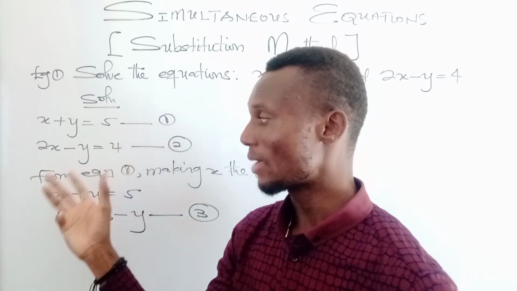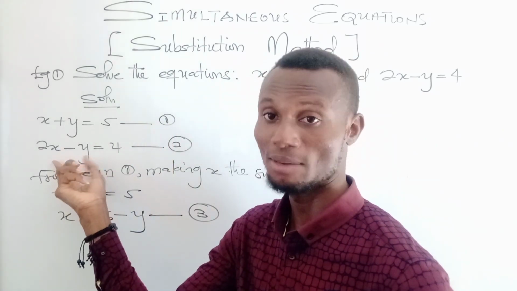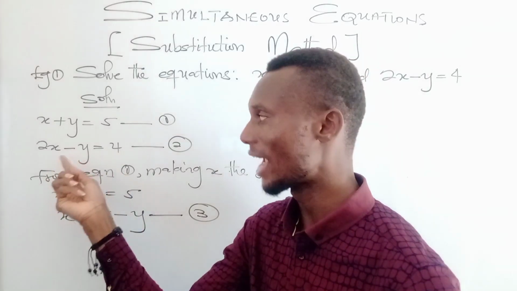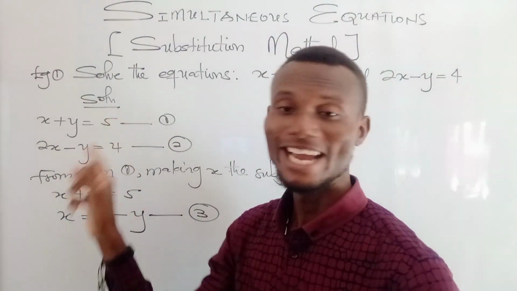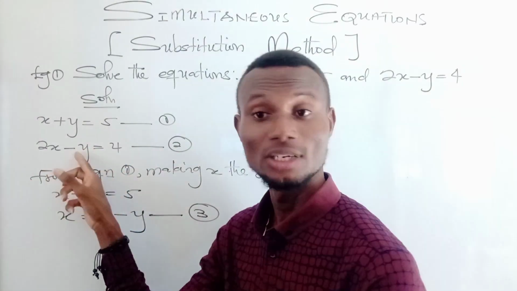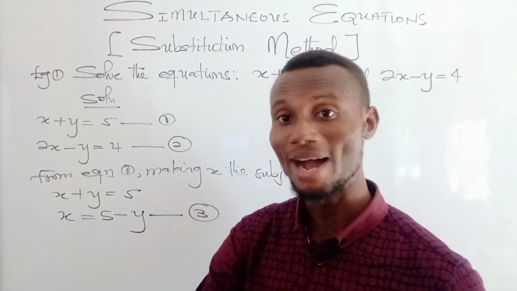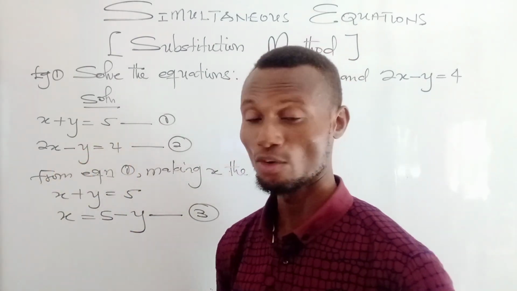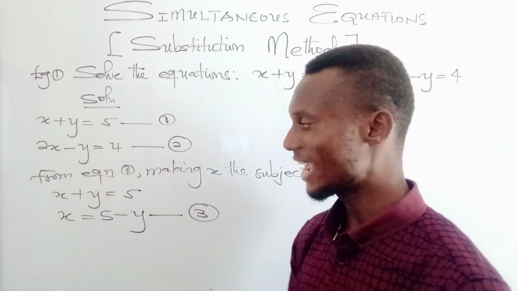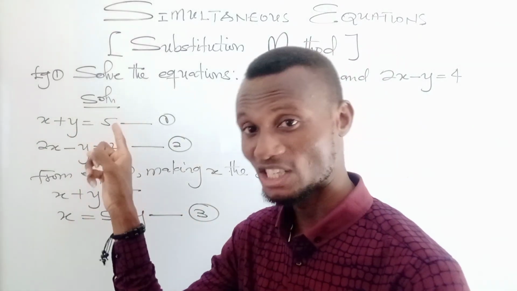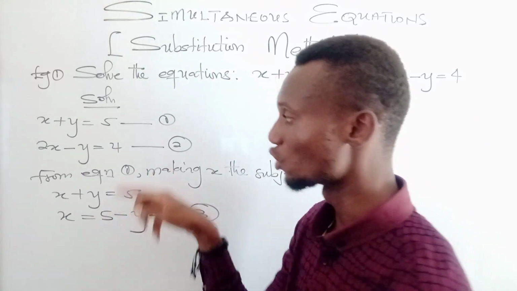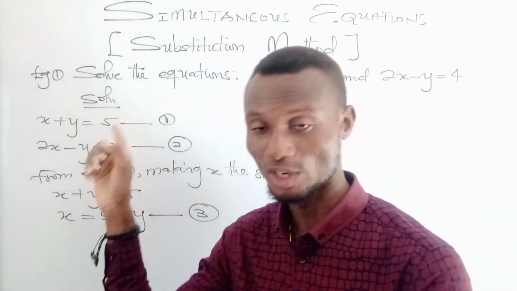Assuming someone made s the subject from equation 2, the value they get they will put back into equation 1 and not equation 2, because you cannot go back and put it into equation 2 again. But for us, we made s the subject from equation 1, which gives us equation 3. So equation 3, we put into equation 2 and not equation 1.